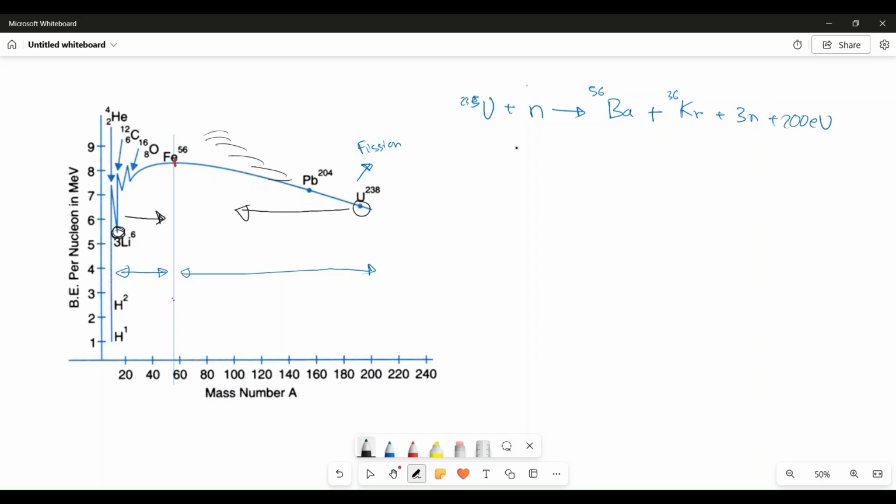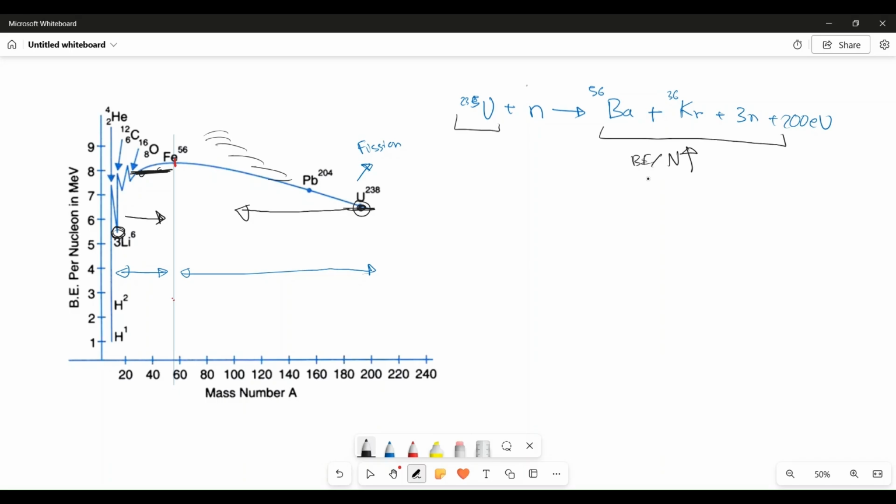Now here, the uranium position is here, and for barium and krypton, you'll get positions somewhere like here and here. So you see, these have more binding energy per nucleon than that of uranium. That means after reacting, their binding energy per nucleon increased.